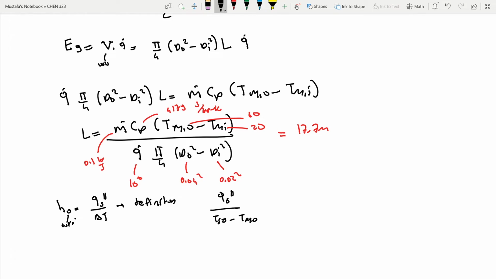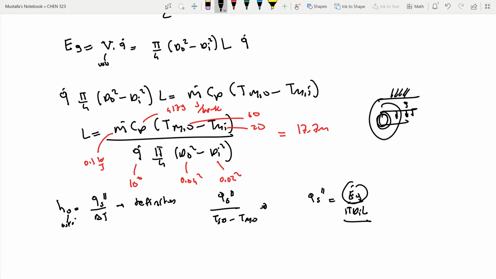So Qs, the heat flux, is energy generation per unit volume divided by pi d_i L. So we have energy generated here, and it's insulated from outside. That means the inner surface area is what matters. If we divide this generation by inner surface area, we get the flux.